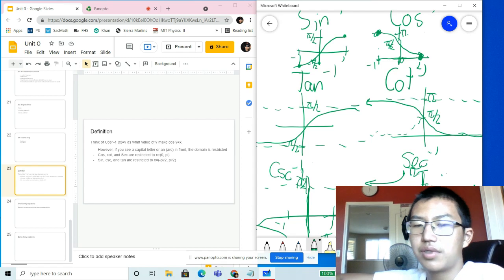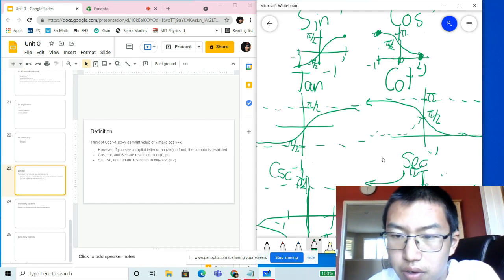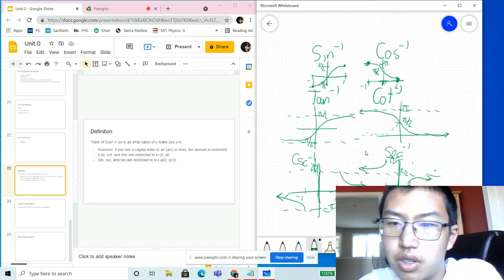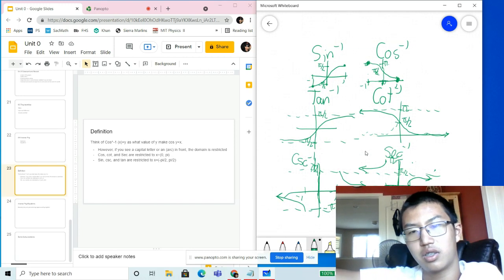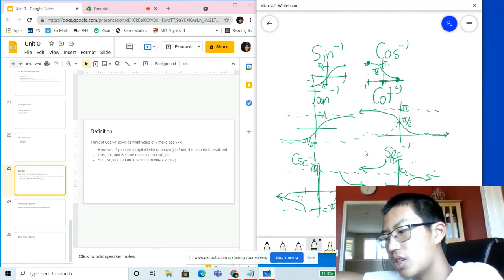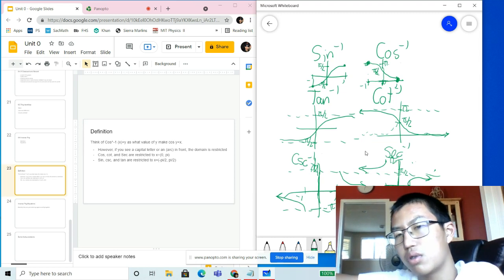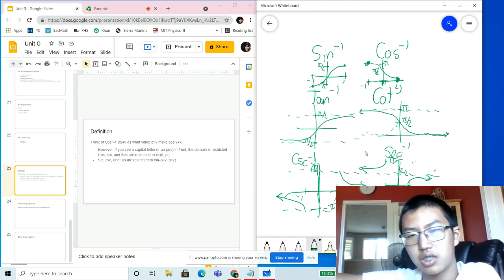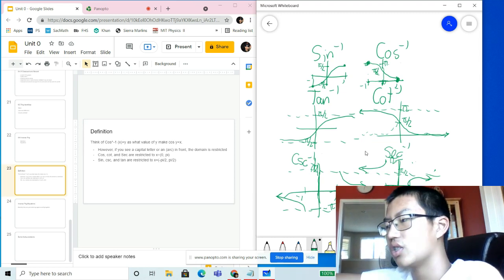So yeah, these are just the ways you can think of the inverse trig functions. Think of the inverse trig functions as just graphing the normal trig functions. And yeah.